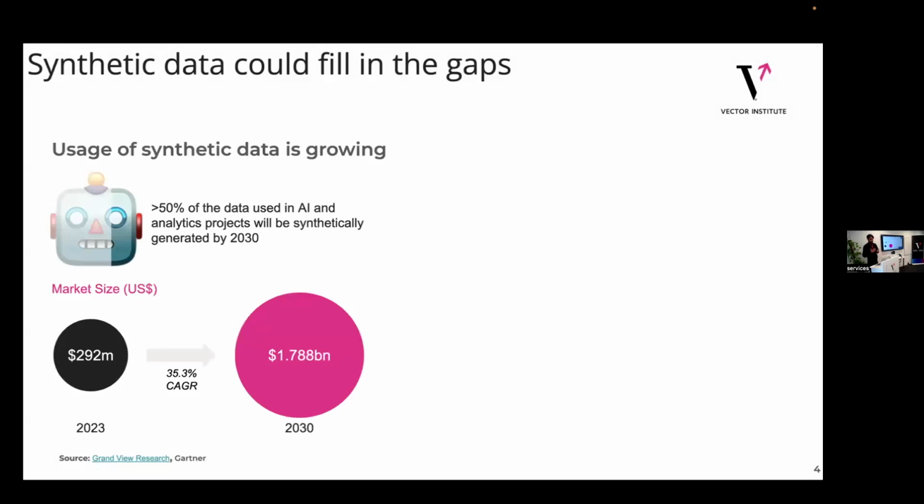So Gartner estimates that around 50% of the data used in AI and analytics projects will be synthetic data by 2030. The second-hand market for synthetic data is small right now, around 300 million, but expected to grow at a 35% CAGR. And that's not the only place we're going to see synthetic data. We're actually going to see that a lot of companies are investing internally in synthetic data.